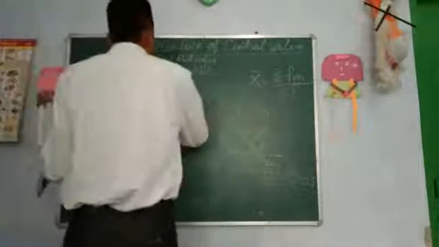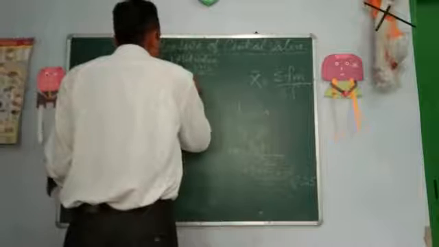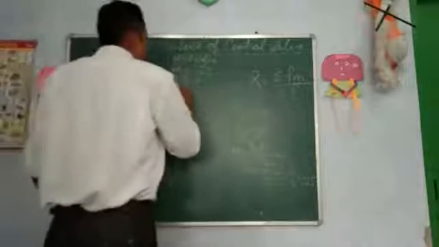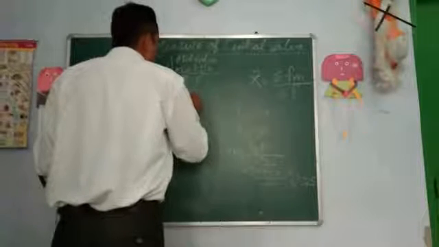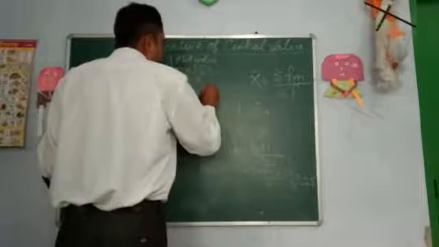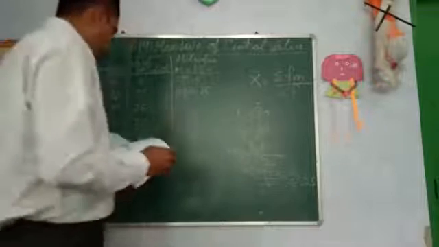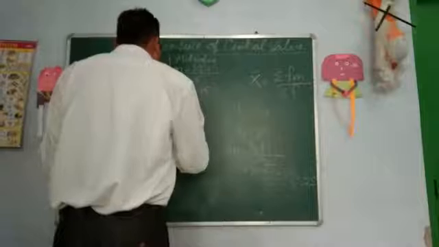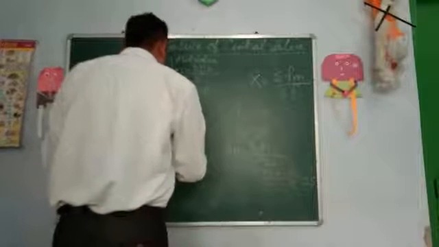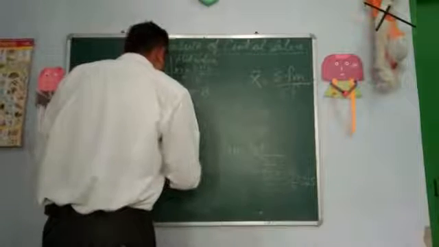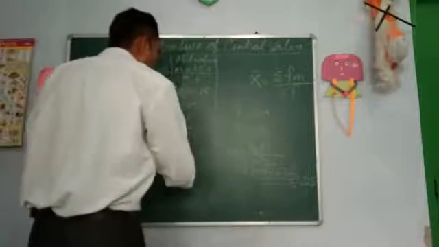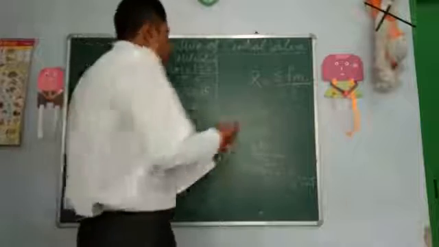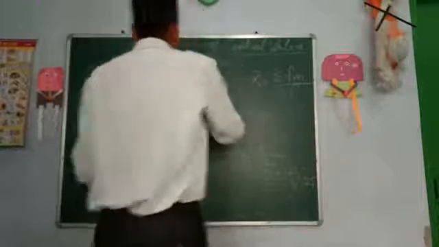So it will be 0 plus 10 divided by 2, which is 5. Then 10 plus 20 divided by 2, it will be 30 divided by 2, which is 15, and so on till 25, 35, 45, 55. So these will be the mid values.